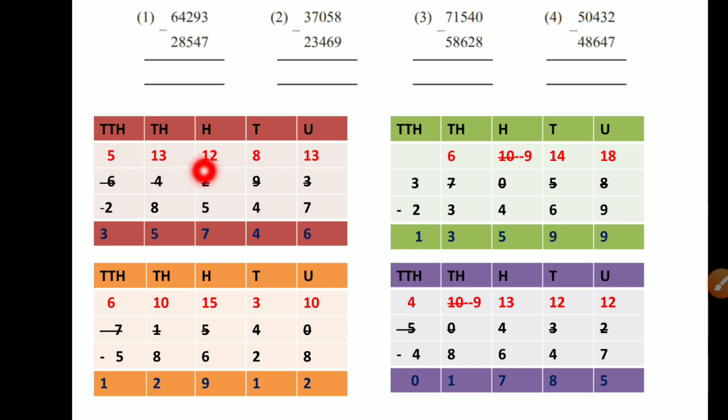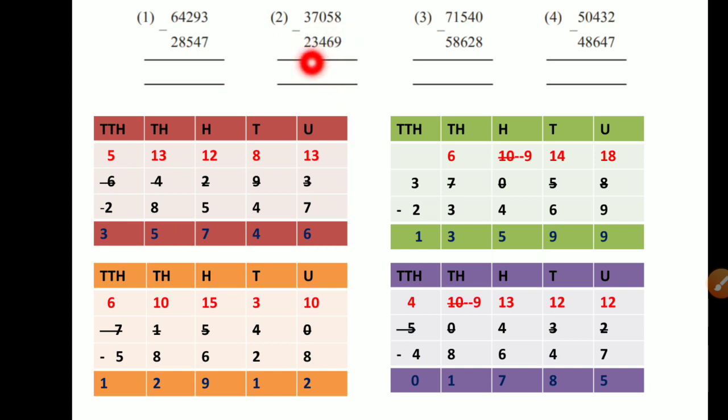So this will make 12. 12 minus 5, 7. 3. 3 minus 8 not possible, again we will borrow from 6. This will make 13. 13 minus 8, 5 and 5 minus 2 is equals to 3. So this number is 35,746.